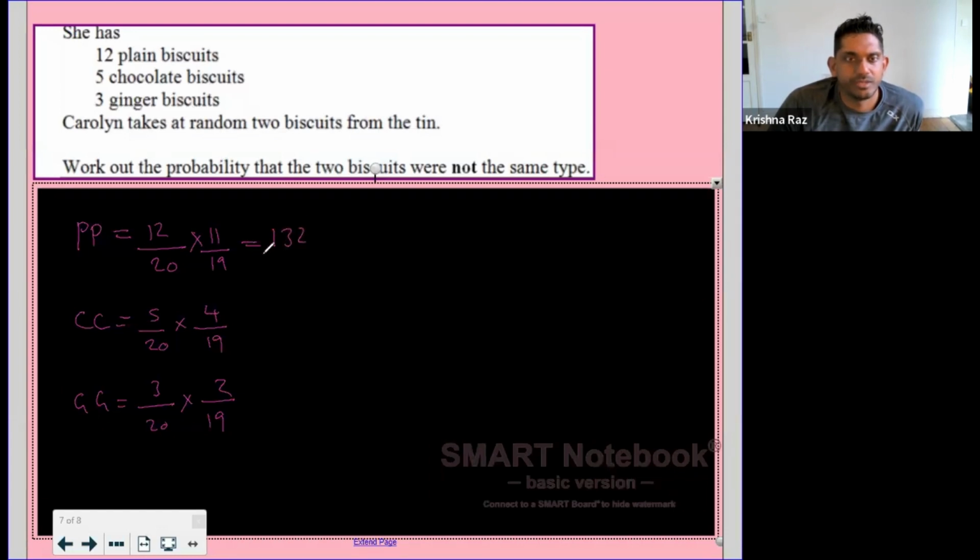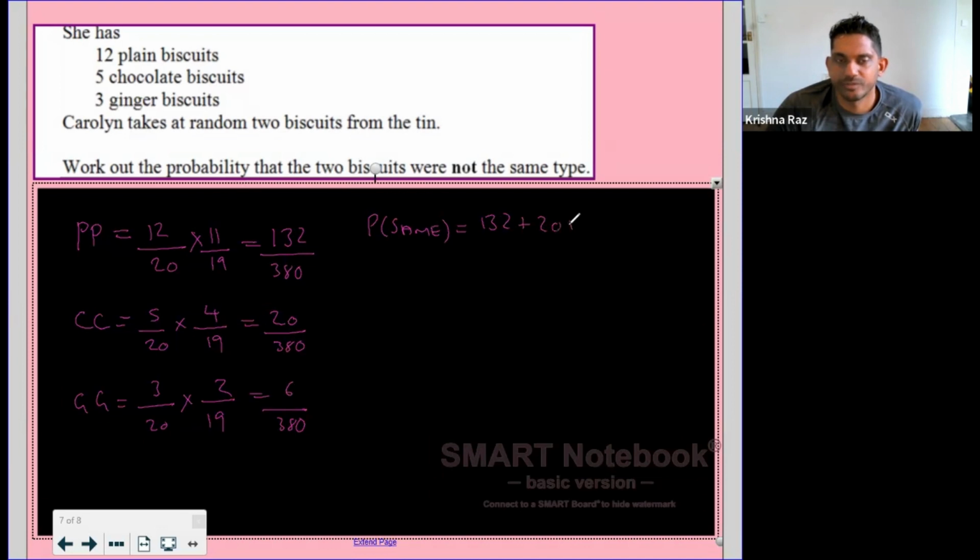So if we just do that, we can multiply to figure out what the probabilities are. Now, if we add these up, the probability they're the same will be 132 out of 380 plus 20 out of 380 plus 6 out of 380, which is 158 out of 380.